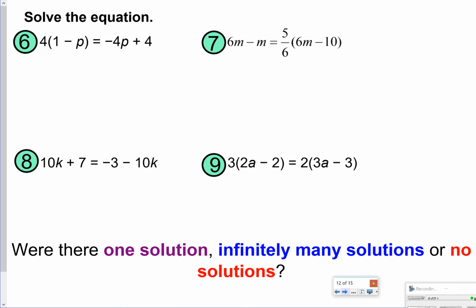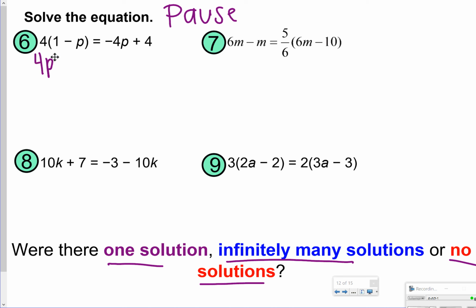These are the last 4 in your notes. Go ahead and take time now to pause, and you're just going to determine, is there one solution, infinitely many solutions, or no solutions? Okay, so for number 6, we're going to distribute. We're going to have 4 minus 4p is equal to negative 4p plus 4.